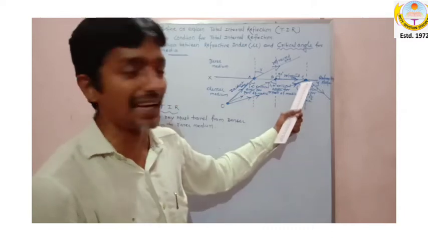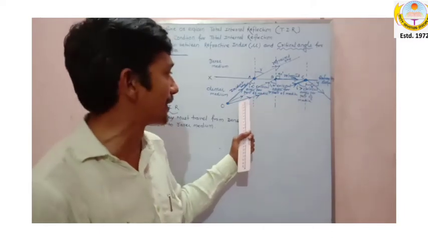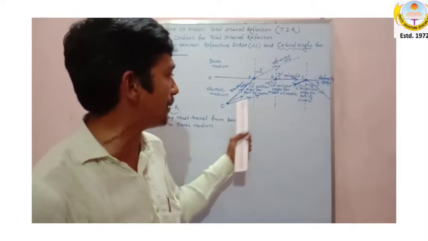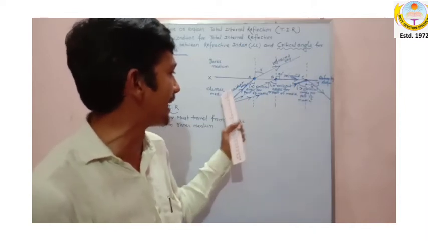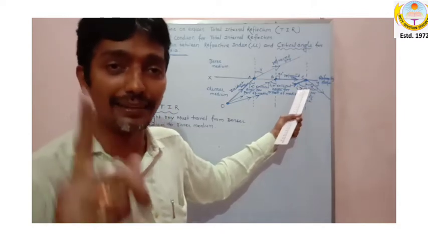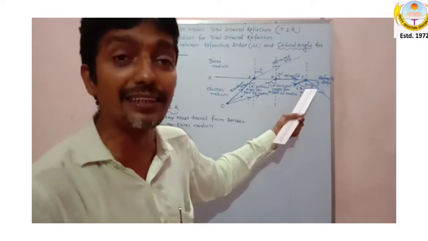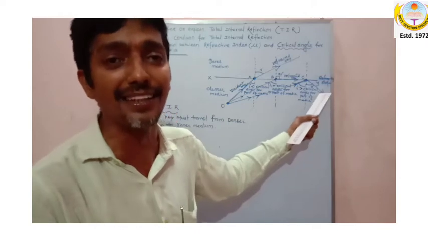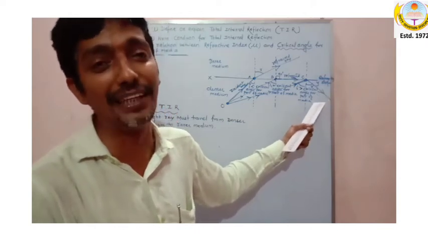And the last diagram, my dear, the third ray, where the incident ray in the denser medium again makes an angle of incidence I, but this time the angle of incidence is greater than the critical angle for the pair of media.